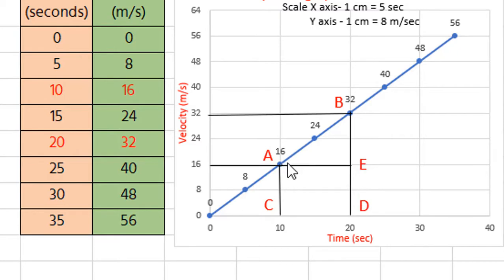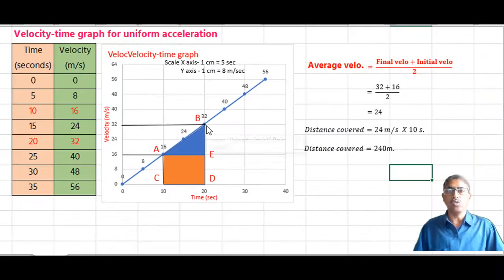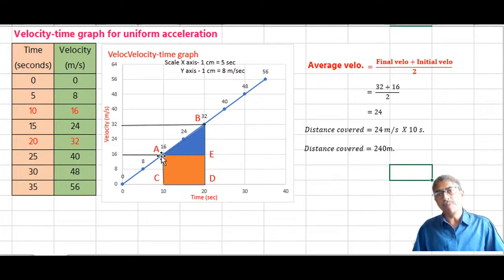The area of trapezium ABDC is nothing but the area of the rectangle AEDC plus the area of triangle AEB. We will calculate that. The average velocity of the train from point A to B is equal to the velocity at point B plus the velocity at point A divided by 2.